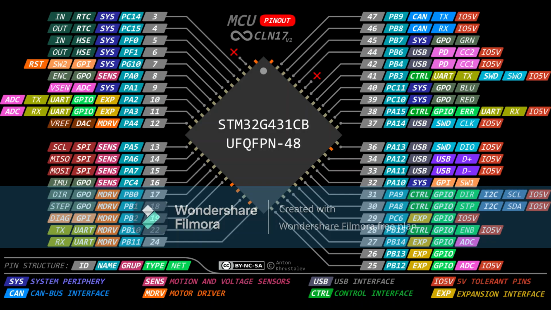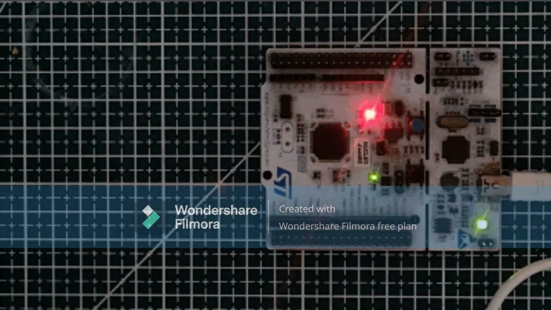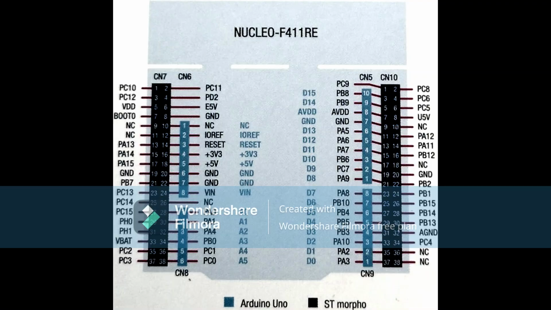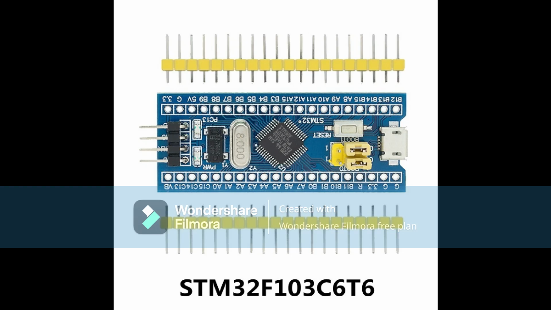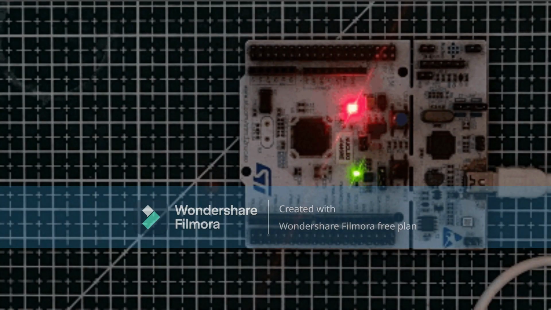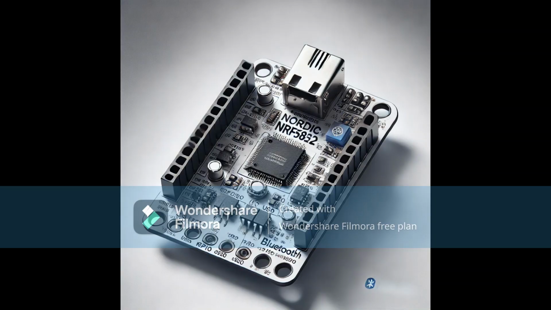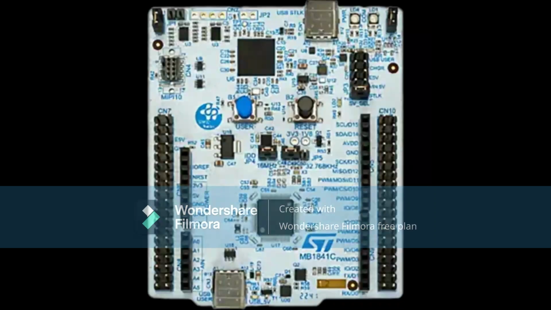Point 4, varieties of STM32 MCUs. There are already 16 Cortex-M based microcontroller families or series. The STM32 families are split into 4 groups, as follows. High Performance: STM32H7, Cortex-M7 and Cortex-M4, 480 MHz to 240 MHz, 1 to 2 MB. STM32F7, Cortex-M7, 216 MHz, 256 KB to 2 MB. STM32F4, Cortex-M4, 180 MHz, 64 KB to 2 MB.